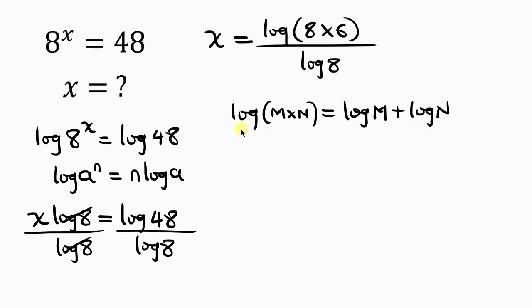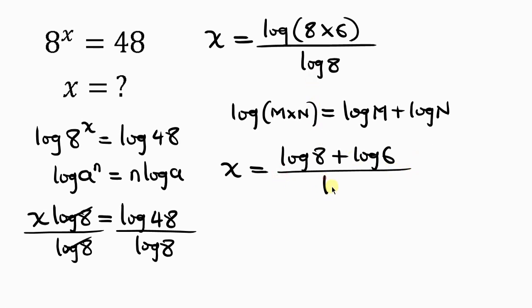So let's apply this property to what we have on the numerator. We have x equal to log 8 times 6, which is the same as log 8 plus log 6, all over log 8.